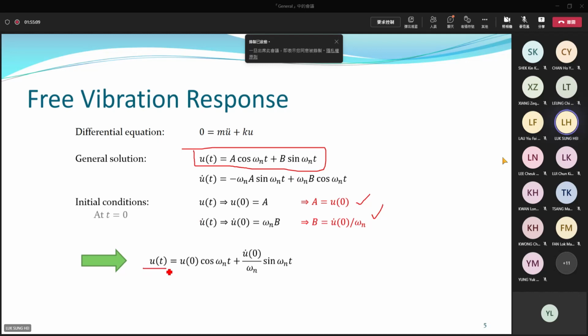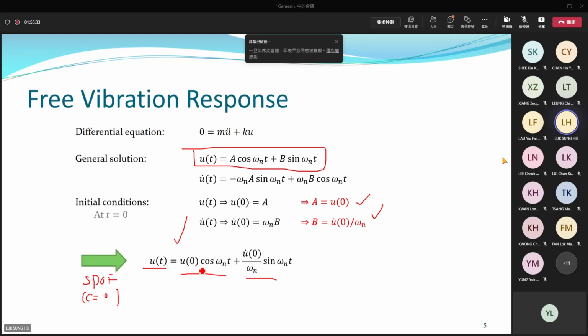For a single degree of freedom system without damping, meaning C equal to 0, under free vibration, the displacement response is described by this equation. At different time instants, you can find out the corresponding displacement values.